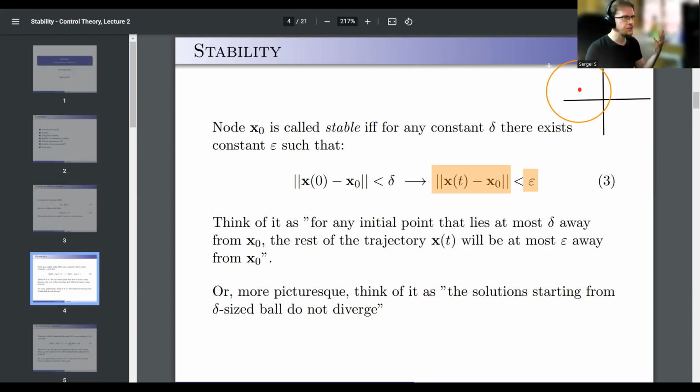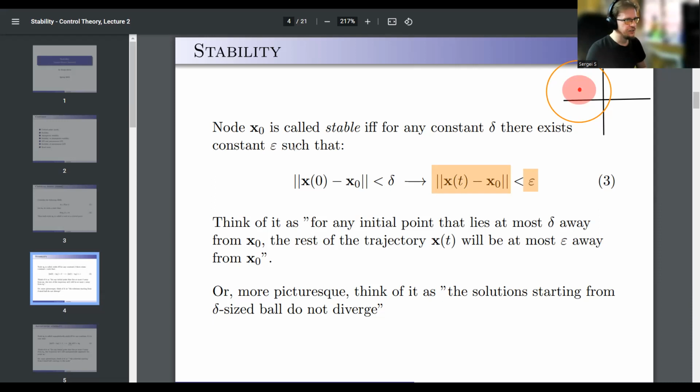This is the circle with the radius epsilon. And we found such epsilon that x will never leave this circle. So any possible solutions will stay within the circle as long as we start with initial conditions inside the delta circle.